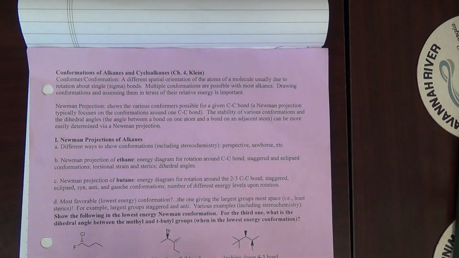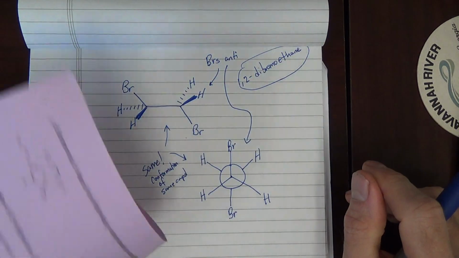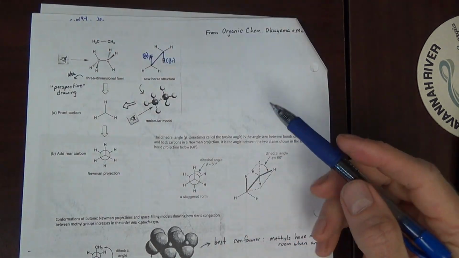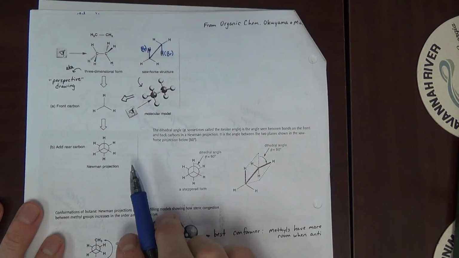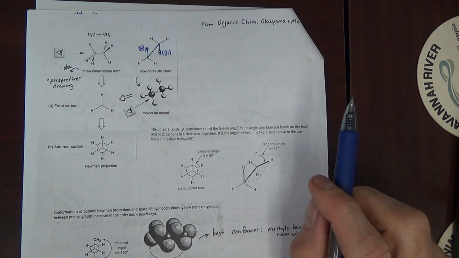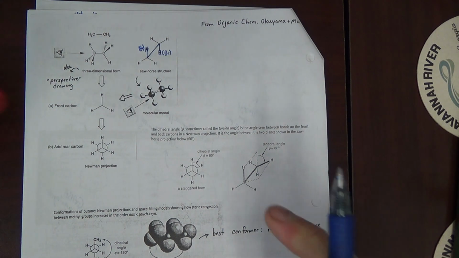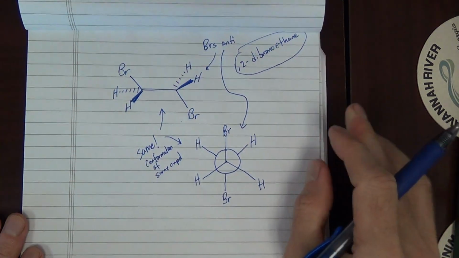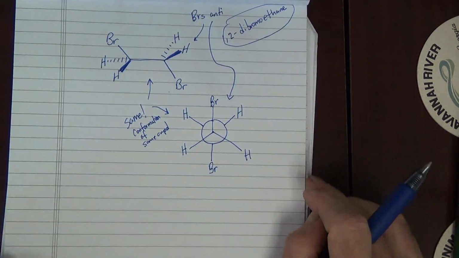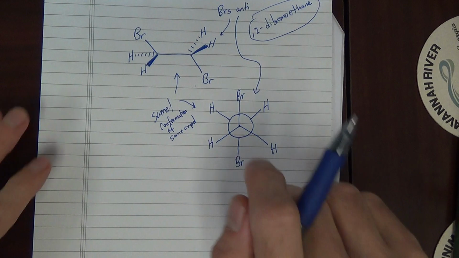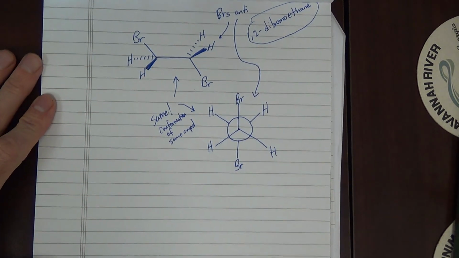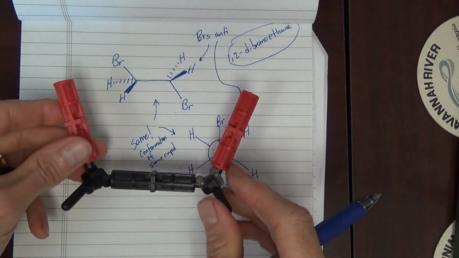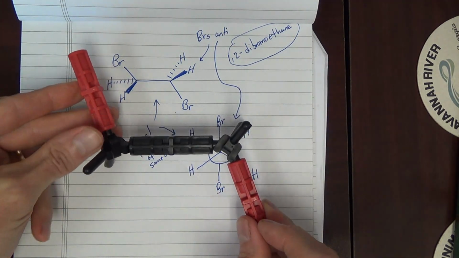Okay, I showed you how to draw a Newman. I'll do it a different way though, because I showed you by looking at models. Let's do this. What if you didn't have a model? What I would have done is I would have stood over here, because it's on the paper like that.